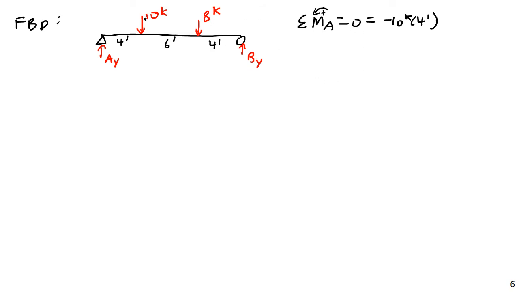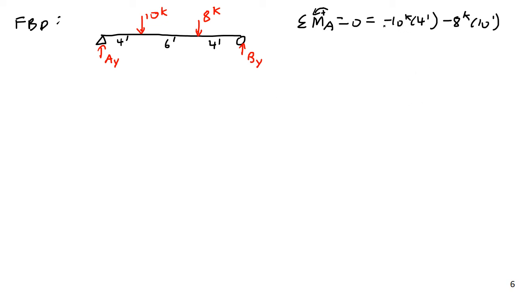Of course, this is measured from point A. This 10 kip force is going to produce a clockwise moment. Therefore, I've added a negative sign to my balance of moments. Then minus 8 kips times the total distance, which is going to be 14 minus 4, that looks like 10 feet.